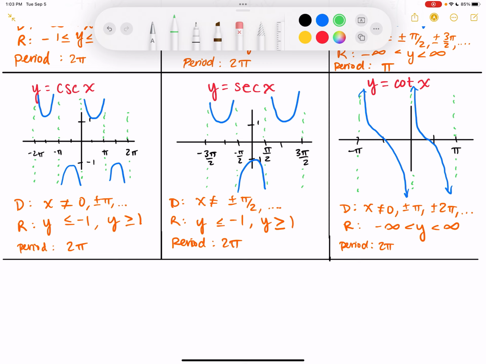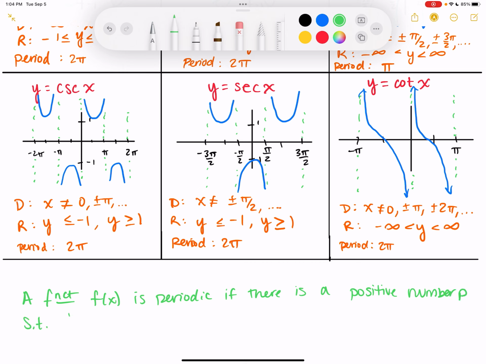A function f of x is periodic if there is a positive number p such that f of x plus p is equal to f of x.